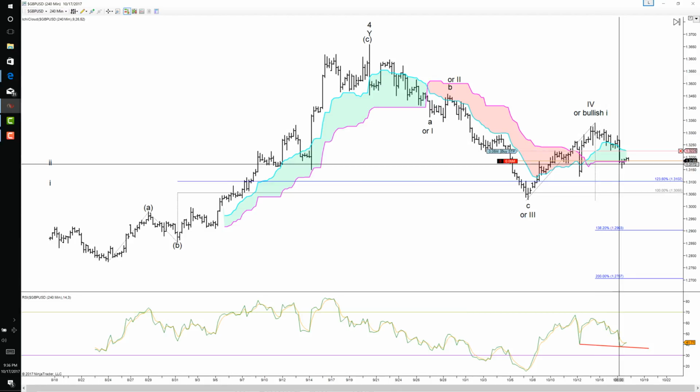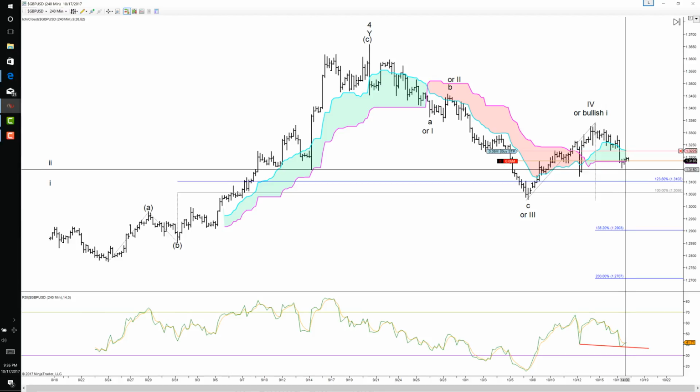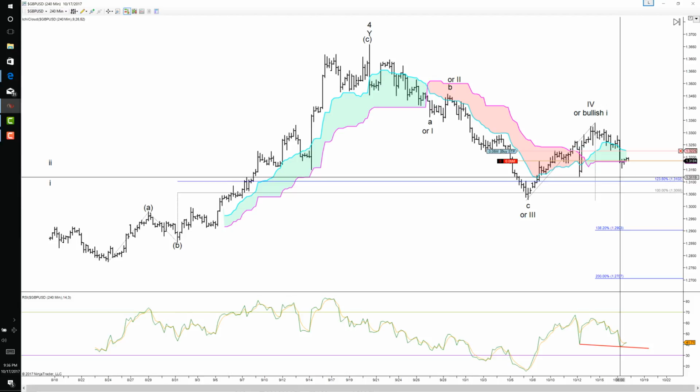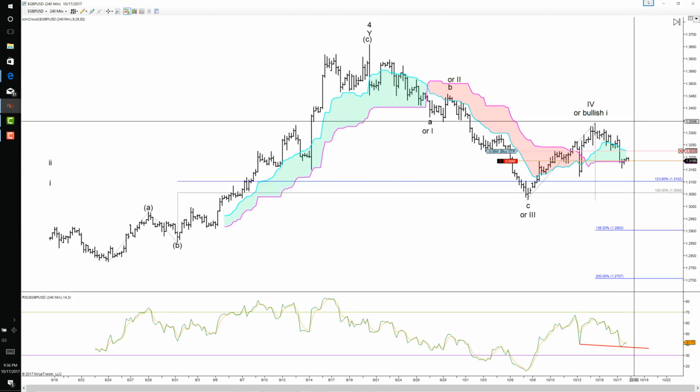And then at that point, you would be expecting this particular low to remain intact. Maybe it'll push down to 130, 134 or so, and then you will need to see prices go above 133.